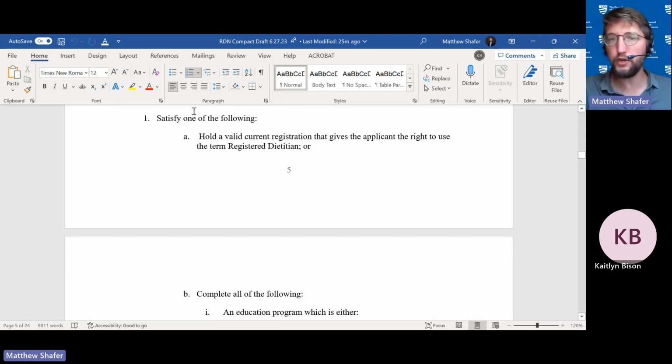So think back to section 2 again. You see the capitalized R and D here, so it's a defined term. If you think back to our term for registered dietitian, it was talking about somebody who has the RDN credential, someone who is certified by CDR. So that is option 1. You can hold the RDN credential.